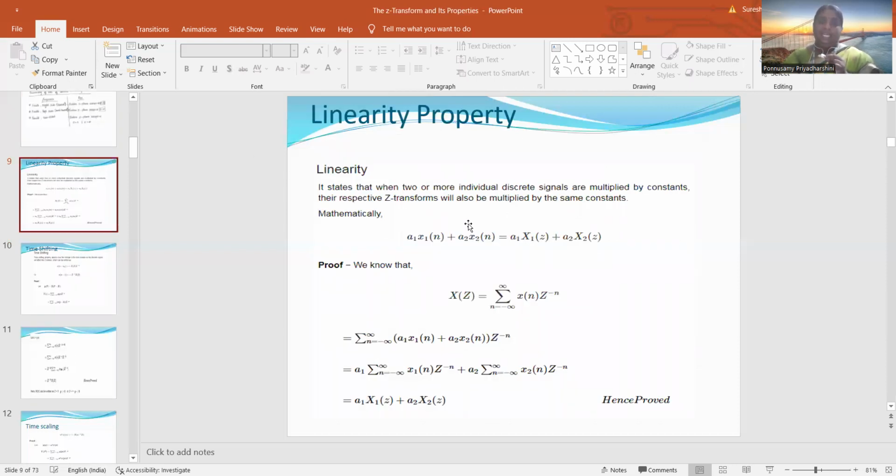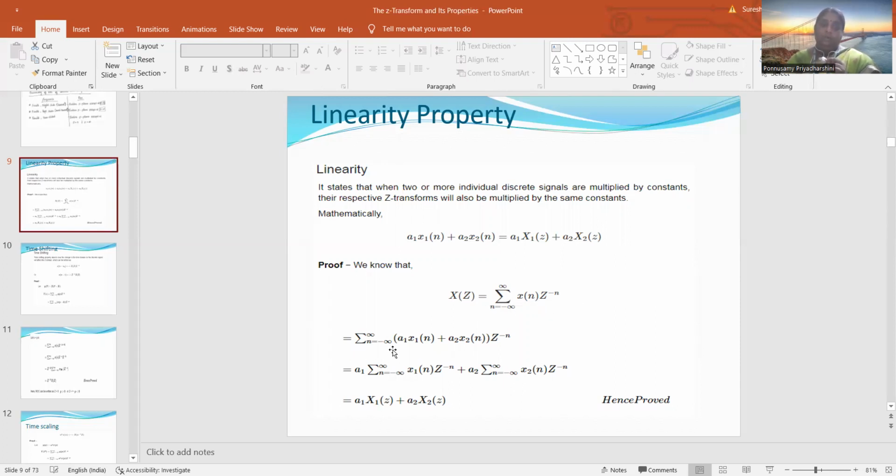The first property is the linearity property. The linearity property is nothing but: when we have two or more individual discrete signals multiplied by constants, their respective Z transforms will also be multiplied by the same constants. a1 x1 of n plus a2 x2 of n is equal to a1 X1 of z plus a2 X2 of z. For the proof, we start from X of z equal to the summation from n equals minus infinity to infinity of x of n z to the power of minus n.